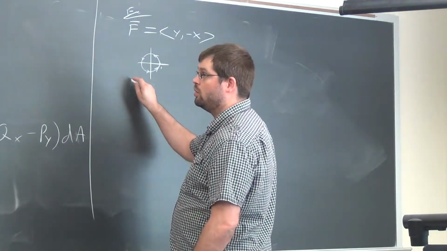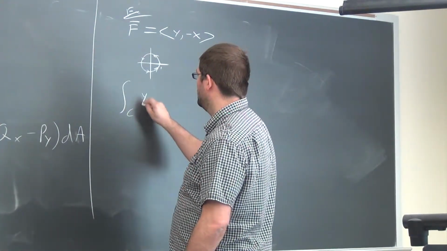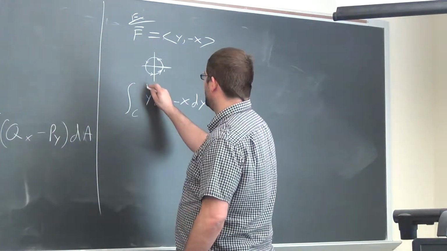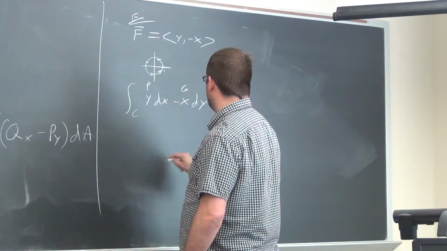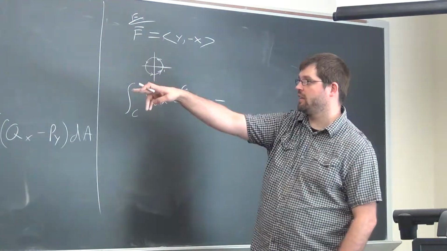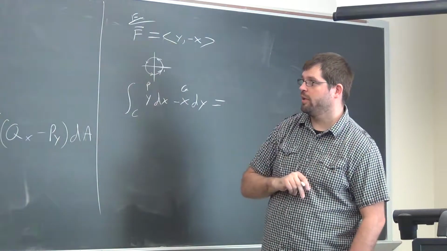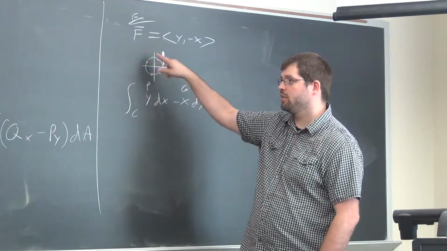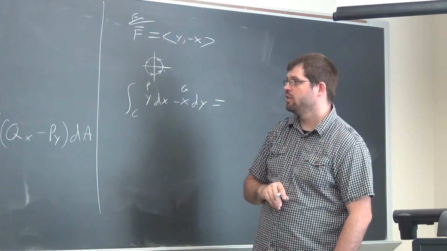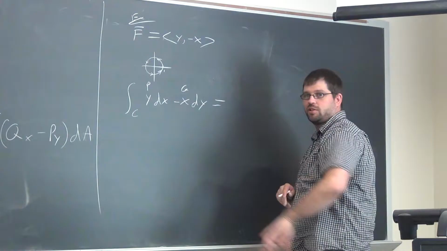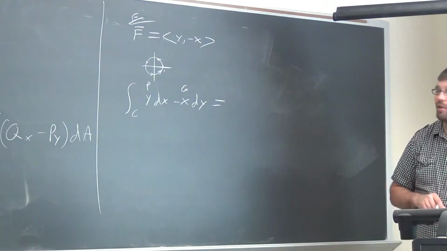And so we want to compute the integral of y dx minus x dy. So again, there's your P, there's your Q. And the unit circle satisfies these conditions. It's positively oriented, it's smooth, and it's a simple closed curve. This function is continuous everywhere, and so is its derivative, so you don't have any worries about that stuff.